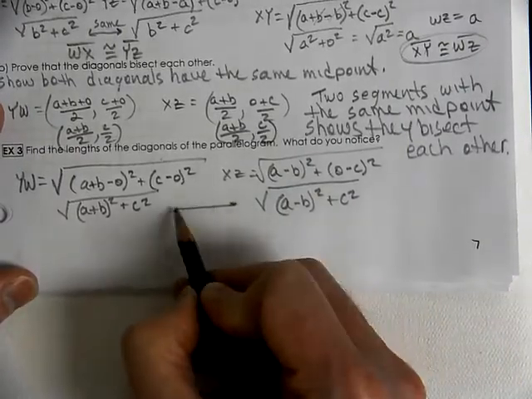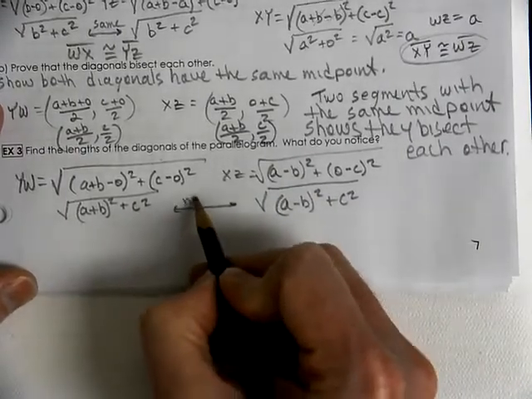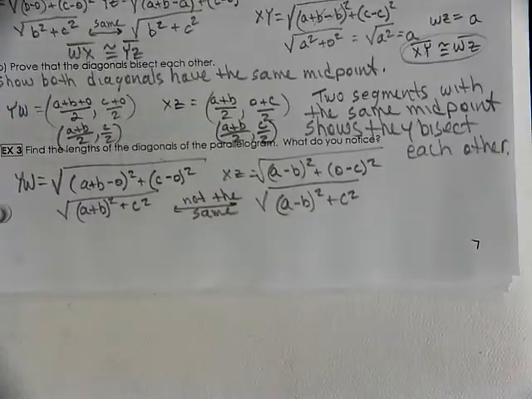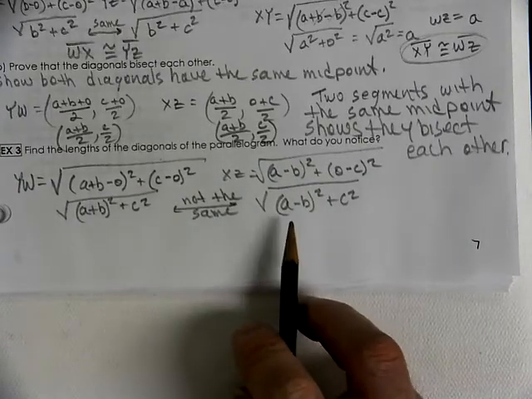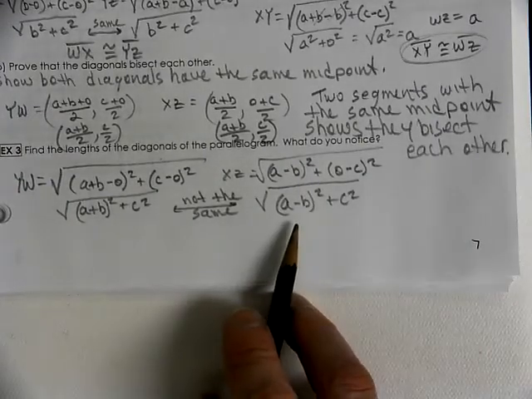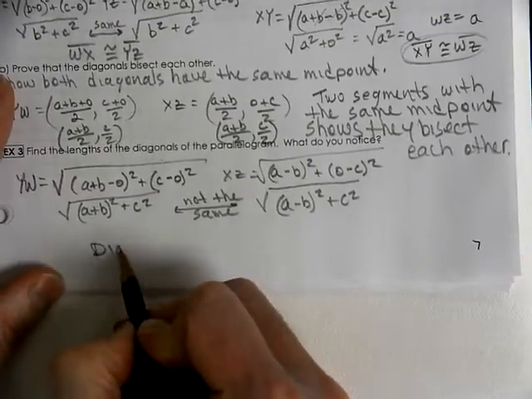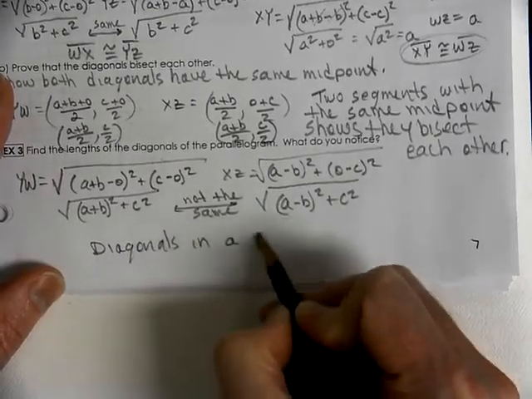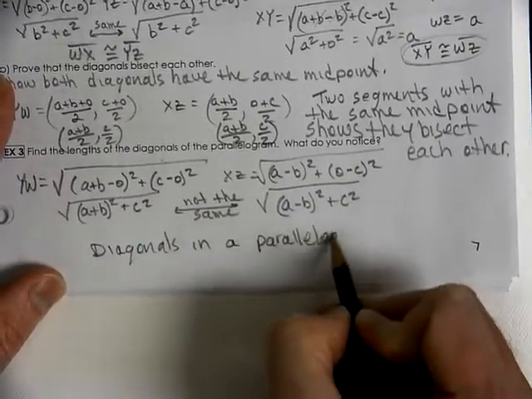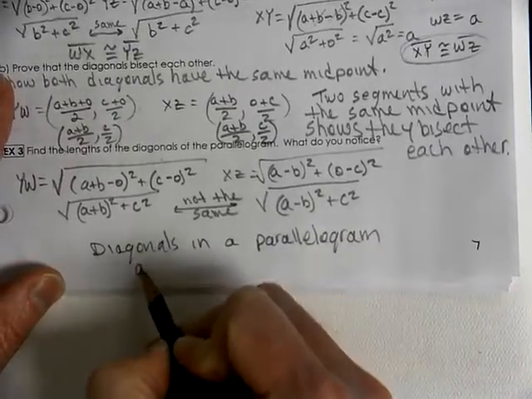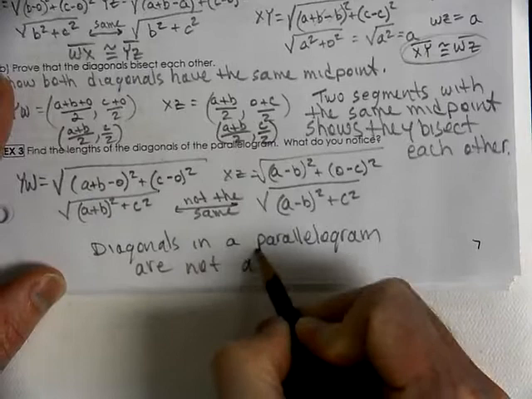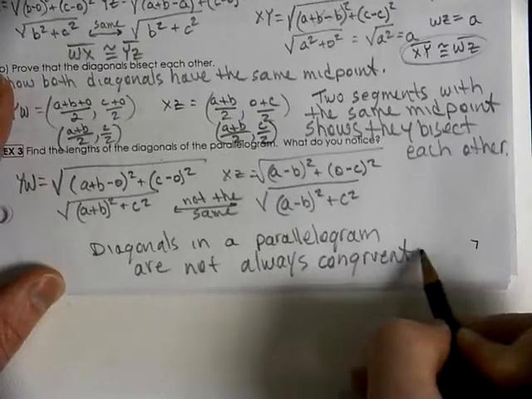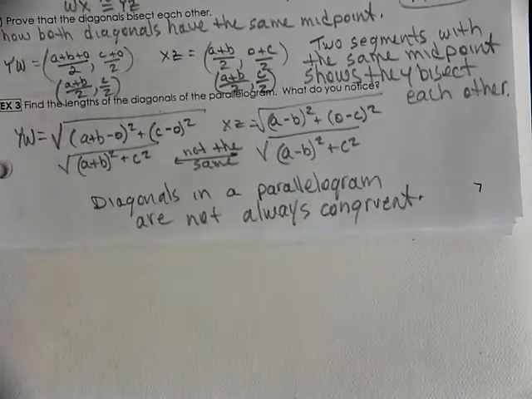Look, they're similar to each other, but they're not the same. Look at the a plus b and a minus b. They're a little bit different. Diagonals in a parallelogram are not always congruent.